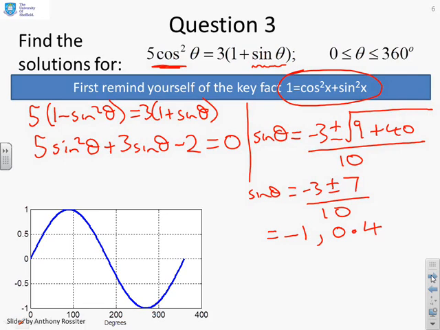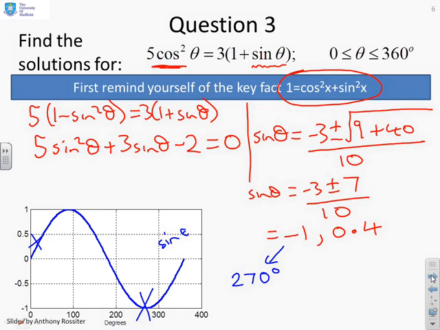0.4. So again, having got the values for sine theta, you'll see that I've sketched down here a sine curve, so we can see where these values lie. Well, the minus 1 is clearly down here, so that's going to correspond to 270 degrees. You can see that one straight away. For 0.4, we've got two values.